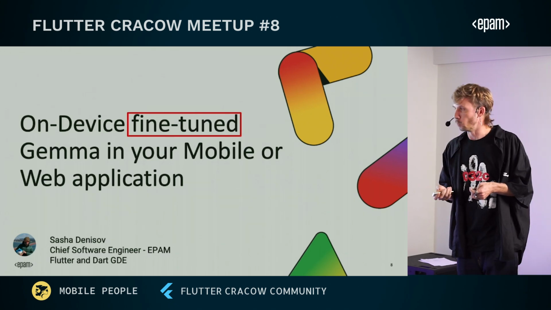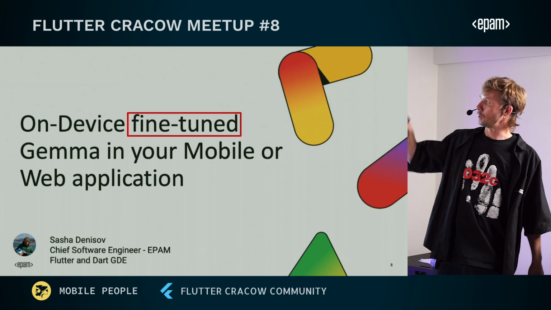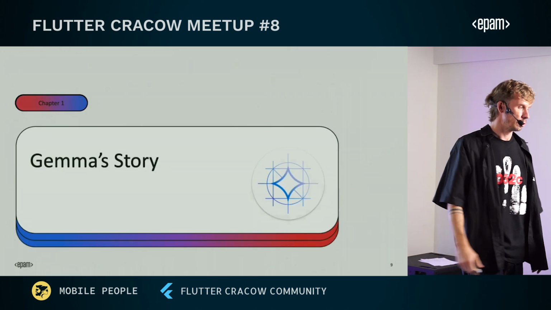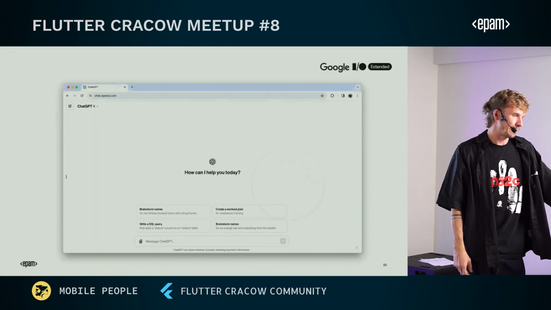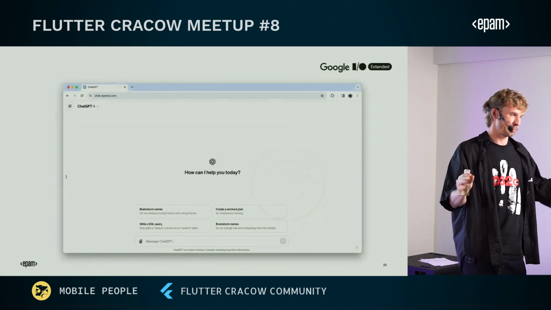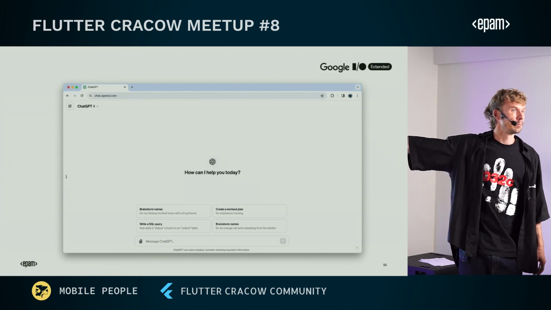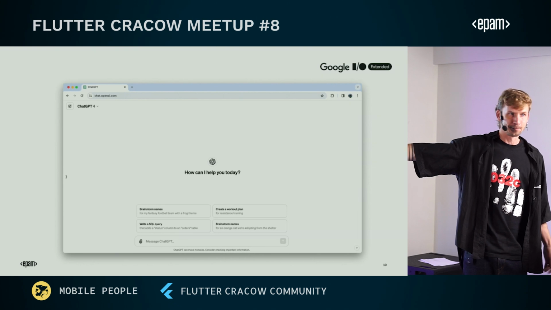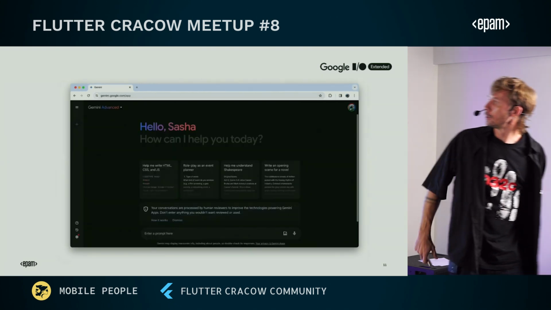So let's go step by step and discuss exactly the source: Gemma, on device, and fine-tune. Let's start with Gemma. The Gemma story. And I'll start from a bit further back. Who knows what this tool is? Yes. Okay, and this tool?